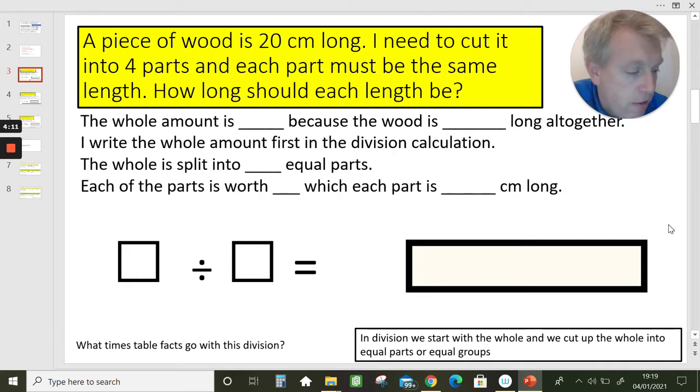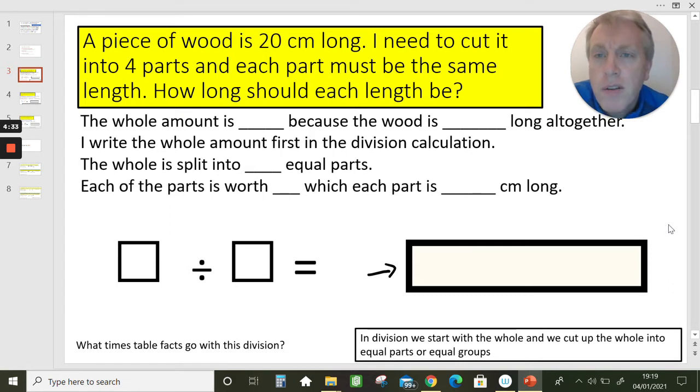Okay, let's do it together. So I remember that when we divide, we start with the whole amount, and we cut the whole into equal parts or equal groups. So the whole amount here, well, a piece of wood is 20 centimetres long. Here it is. This is a piece of wood here. Can you see it? Just my sketch.